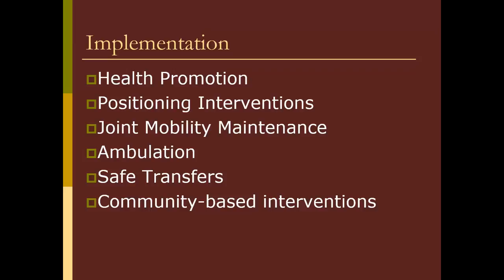We also want to engage in joint mobility maintenance, active or passive range of motion. We want to use any equipment in joint mobility that might be helpful to us, such as automatic range of motion equipment or CPM machines.